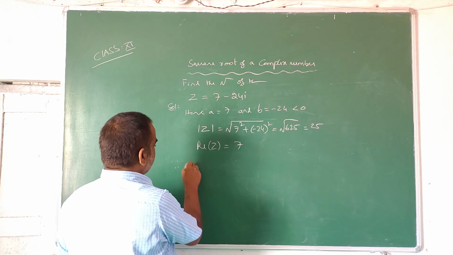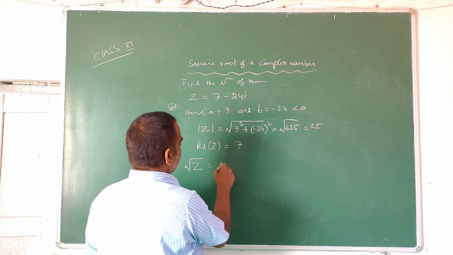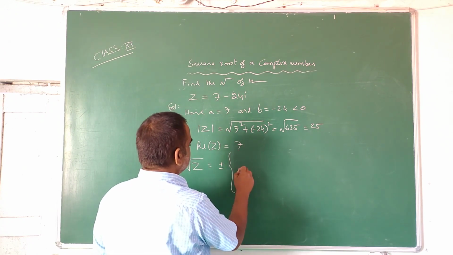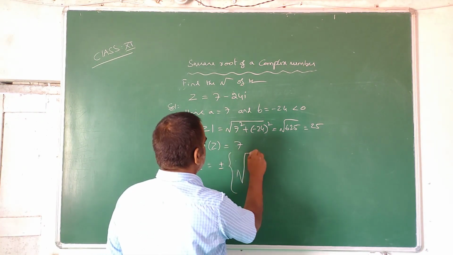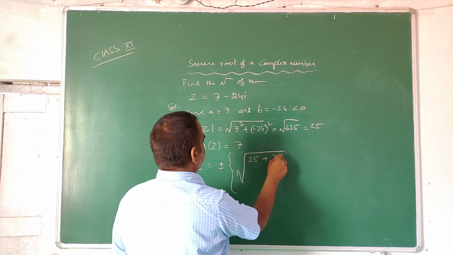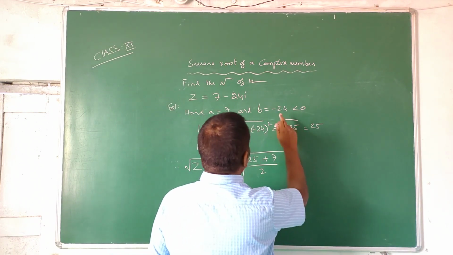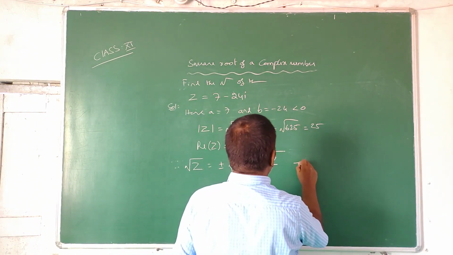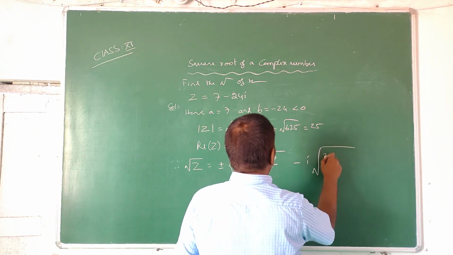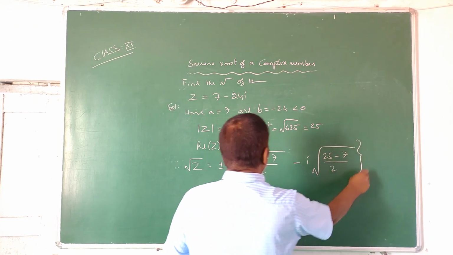Therefore, the square root of z is equal to plus or minus root over (mod z plus real part of z) by 2. Now as b is negative, you get minus i into root over (mod z minus real part of z) by 2.